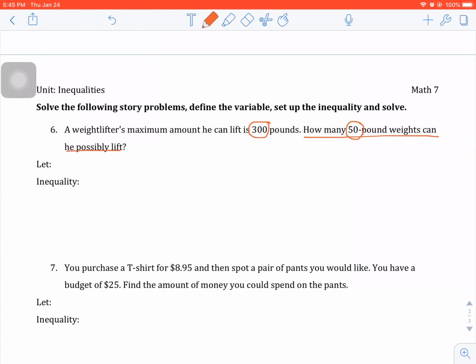Do we have any math action words? Maybe how many? Okay, so we are going to define a variable. We want to find out how many 50-pound weights he can possibly lift. So I am going to let W equal the number of weights.